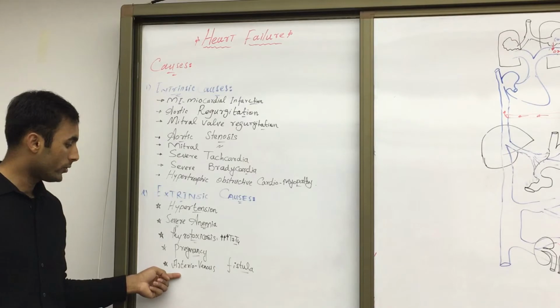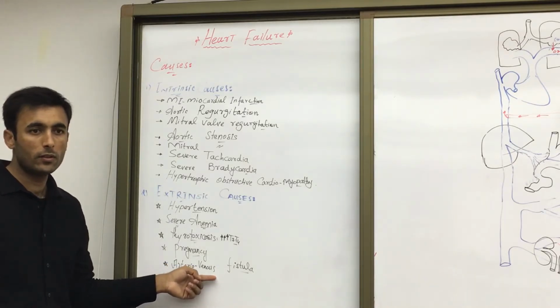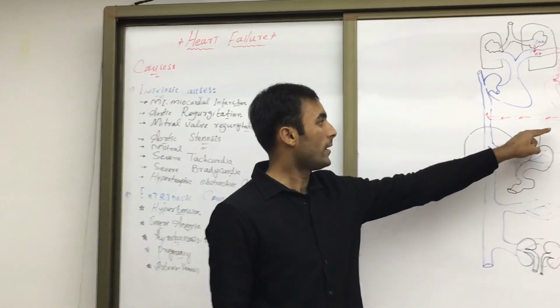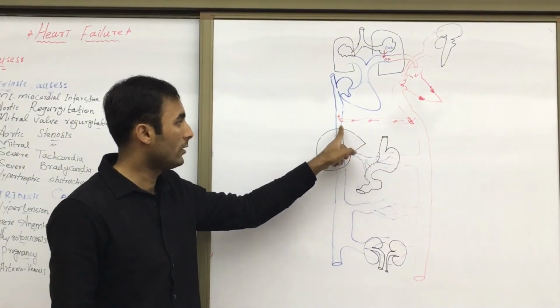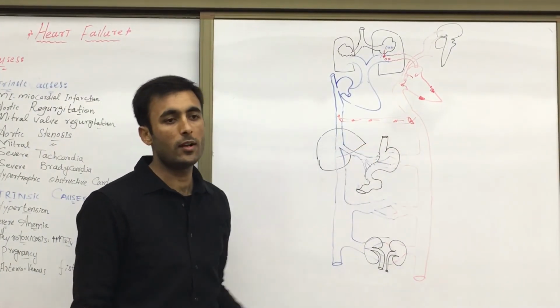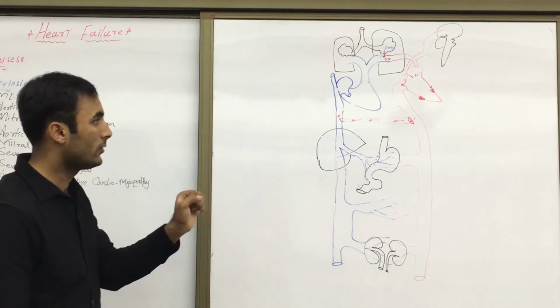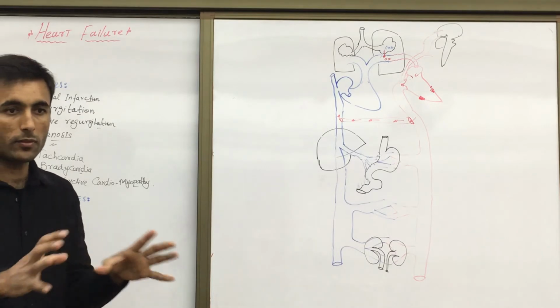And the last cause we studied is arteriovenous fistula, in which there is an abnormal connection between the arteries and veins. This condition is called arteriovenous fistula, and it can also lead to heart failure if the fistula is very big.